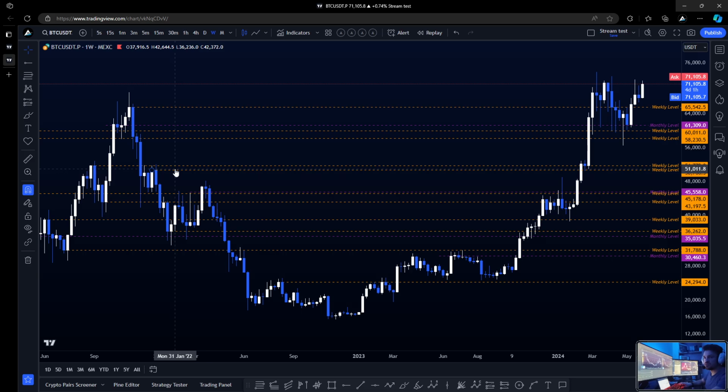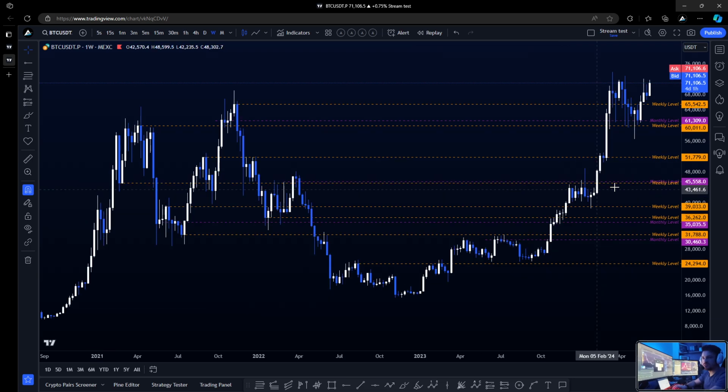For example, I think this guy is kind of irrelevant because it was in the middle of most bodies, and this in turn seems like a much better range. This one, for example, is a little bit irrelevant if you have that one. And this one over here is a little bit irrelevant because you have this one already that has a lot of wicks.